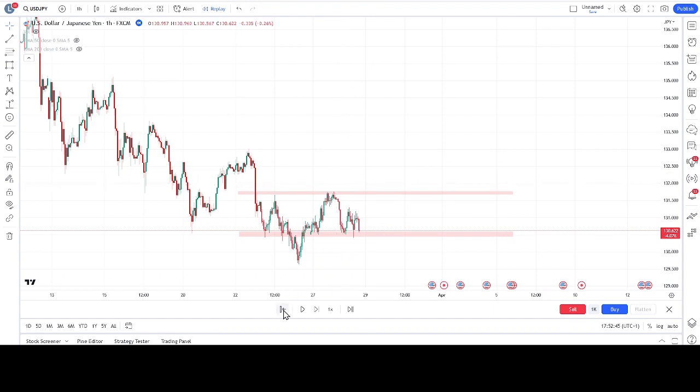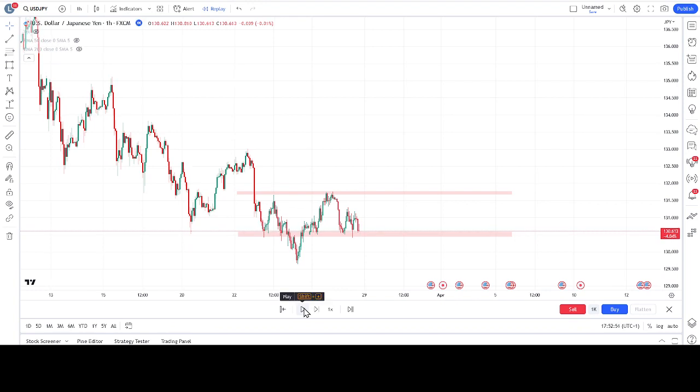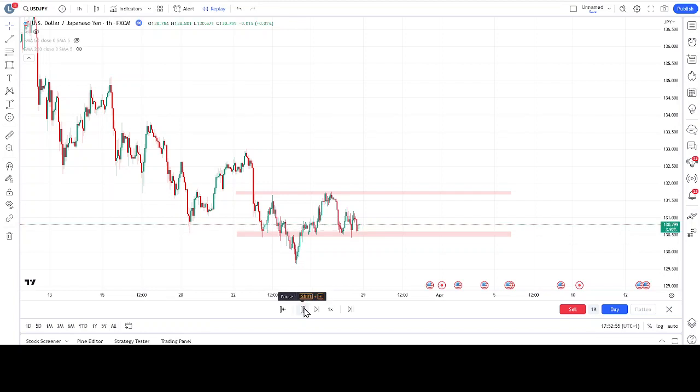So let's play the candle hour by hour, and let's see where we can enter the trade. There you go. It's getting supported by that shoulder support there.